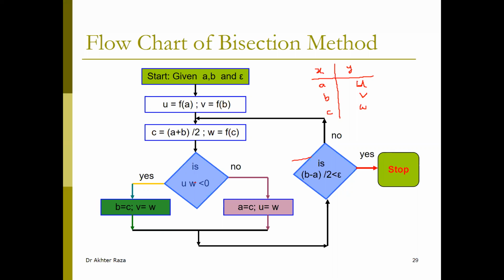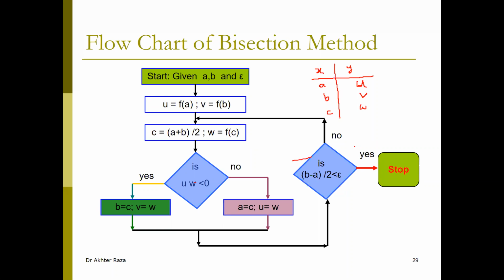Point b is replaced by c. The value of c will be stored in b. Otherwise, the value of c will be stored in a. So either one point is to be updated: either b will be replaced by c or a will be replaced by c. This is the technique which we did.